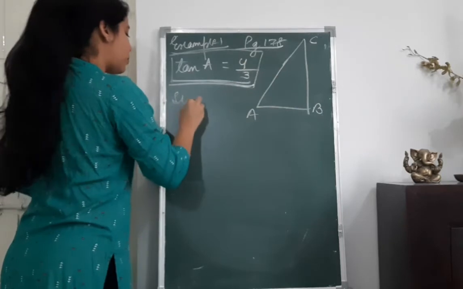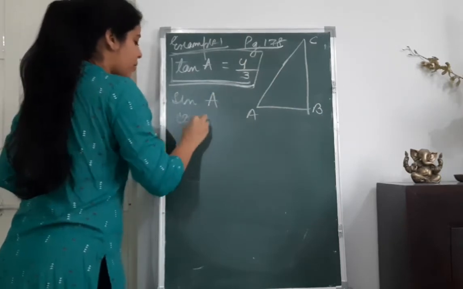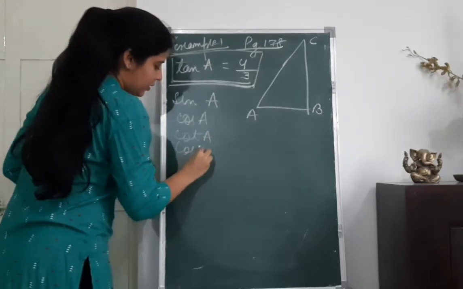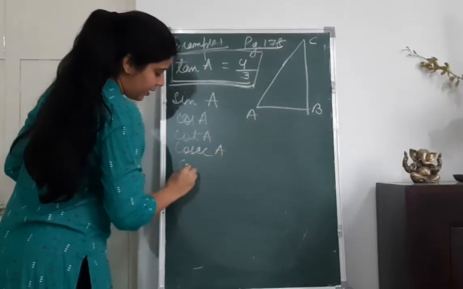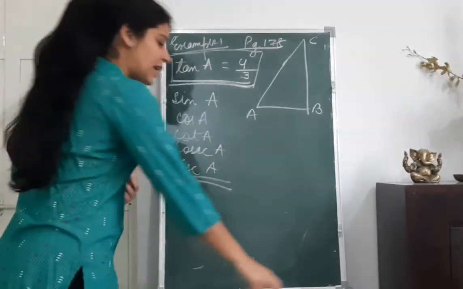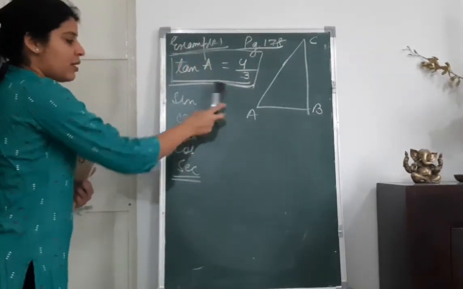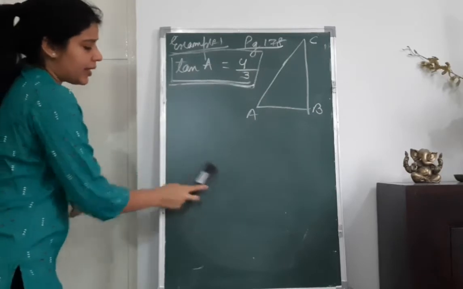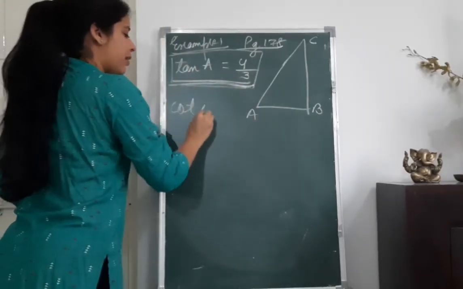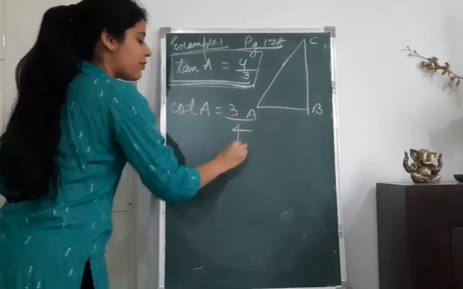That is, you have to find out sin A, cos A, cot A, cosec A, and sec A. So let's see how we'll start. Before moving on to anything, can I simply say that cot A will be equals to 3 by 4?